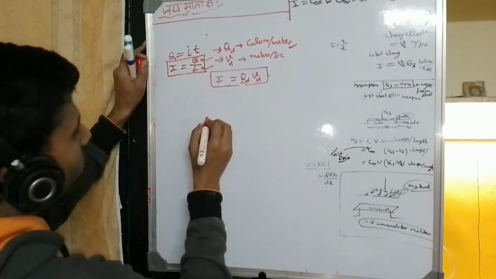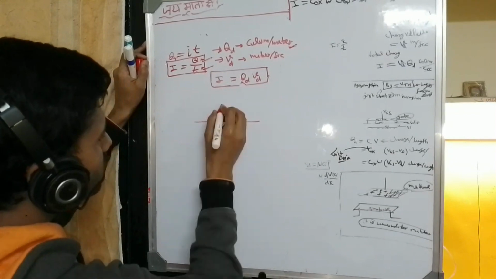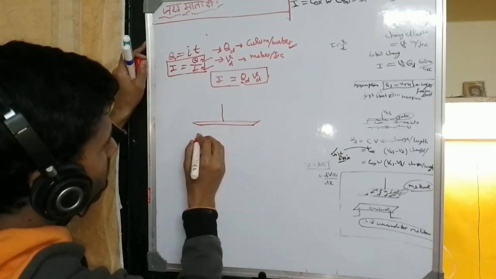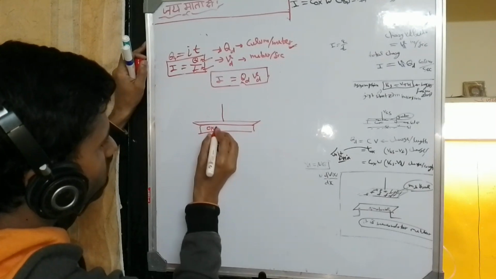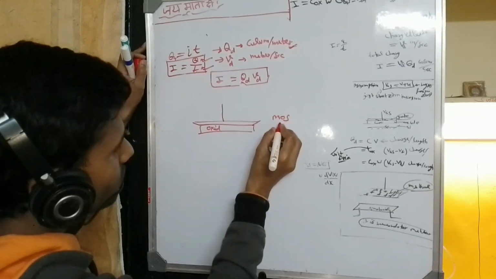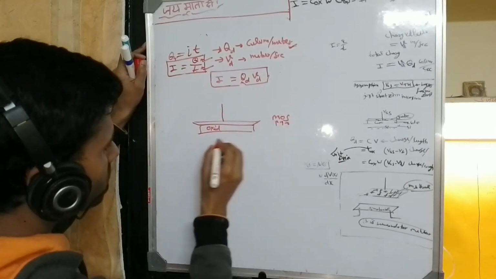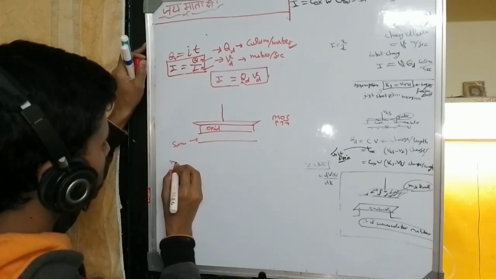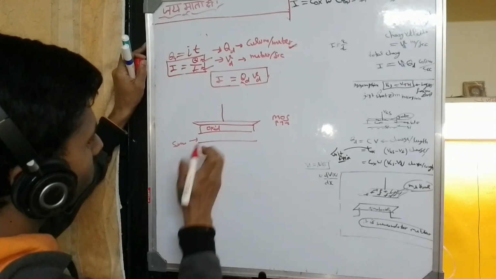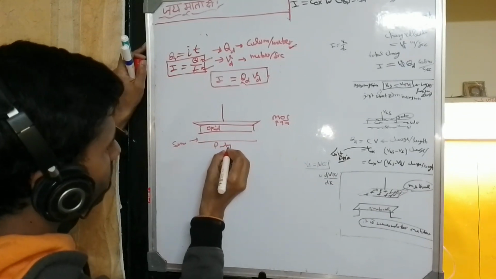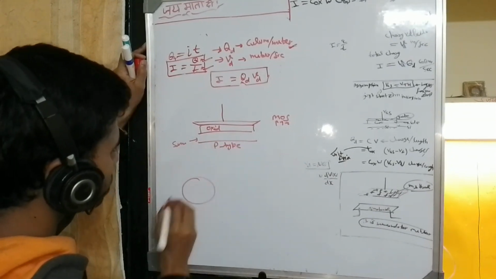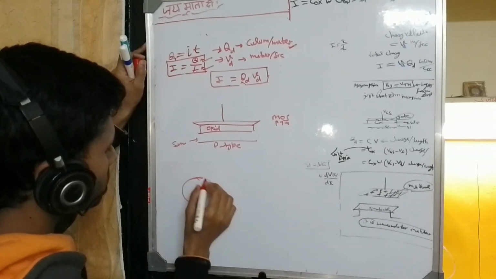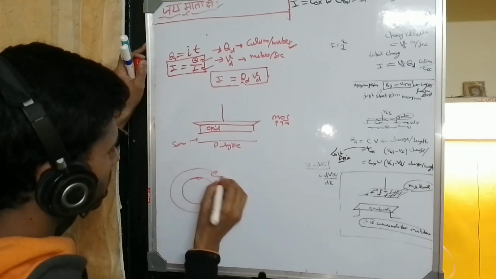We will see, if this is the gate terminal, and this is our metal, and after that this is oxide, because MOSFET is nothing but a metal oxide semiconductor. Then this is the semiconductor. Let us suppose this is an N type MOSFET, then the body is P type. If this is my atom, then in the atom some electron is there.